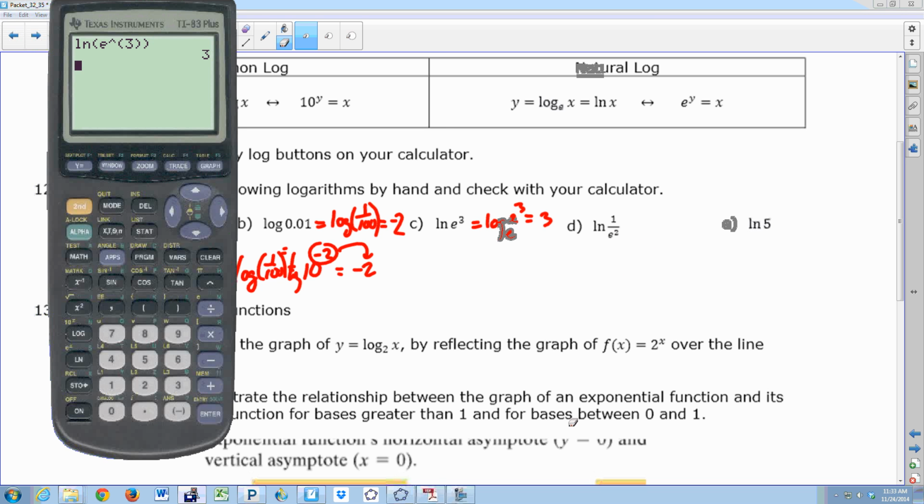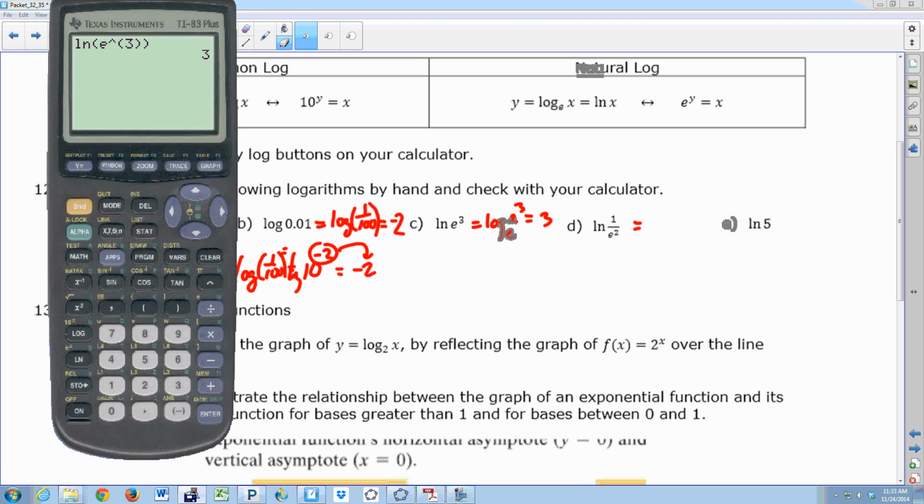So what about this one? Can anybody tell me what my answer is to this one without a calculator? If you haven't done it with a calculator, can you tell me how you can figure it out without a calculator, like with something called your brain? Anybody figure it out? Nobody?